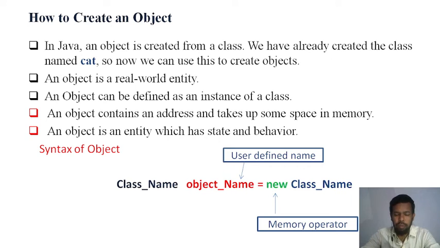Then followed by equal to, which is an assignment operator, then followed by new, which is a keyword, a memory operator, then followed by the class name. It is the syntax of the object.